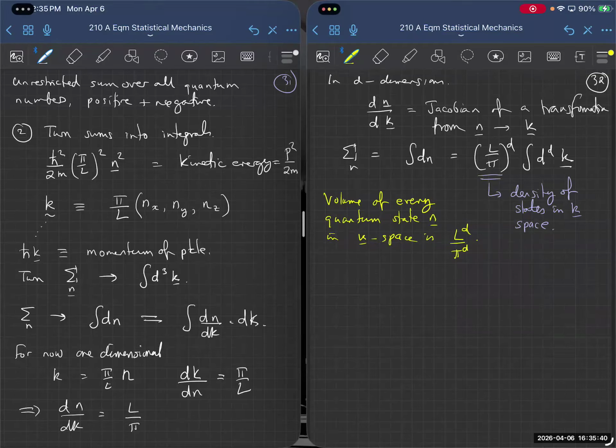Okay, so now what I'm going to do is combine these two simplifications, step 1 and step 2. So what we're going to end up with then is, if I want to compute the number of states between E1 and E2, dE of d gamma by dE, what is that going to be?